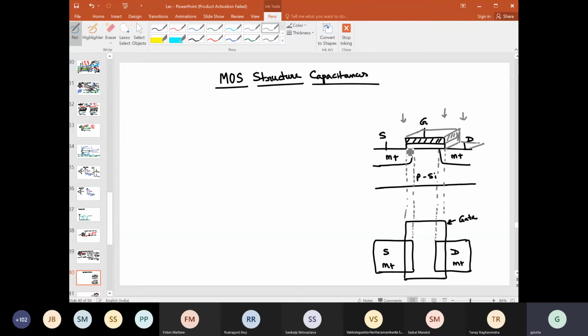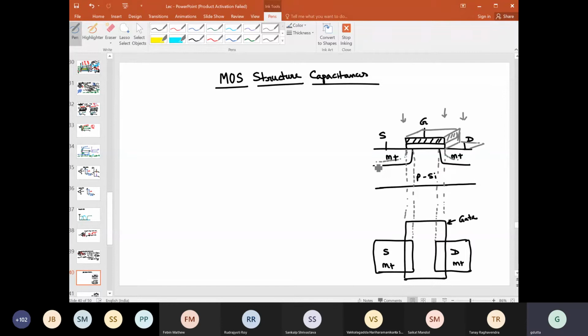When you have implanted, the N plus region was here, like you can see with my pointer. Then when you heat it up, after any annealing, diffusion or implantation, you always need to do some heating, otherwise there will be a lot of crystal damage.